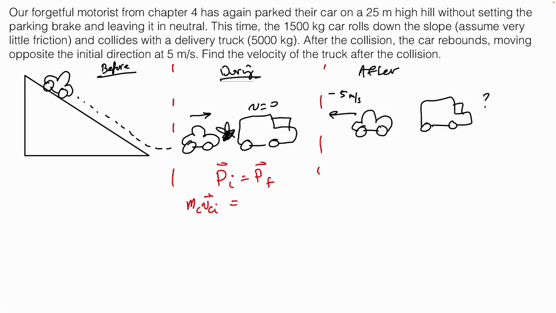That's the only thing before the collision, right? After the collision, what has momentum? Both the car and the truck. But they're not together the way our last example was. These are separate objects doing separate things. So I'm going to write mass car, velocity car, final, plus mass truck, velocity truck, final, right? Now, what are we after?